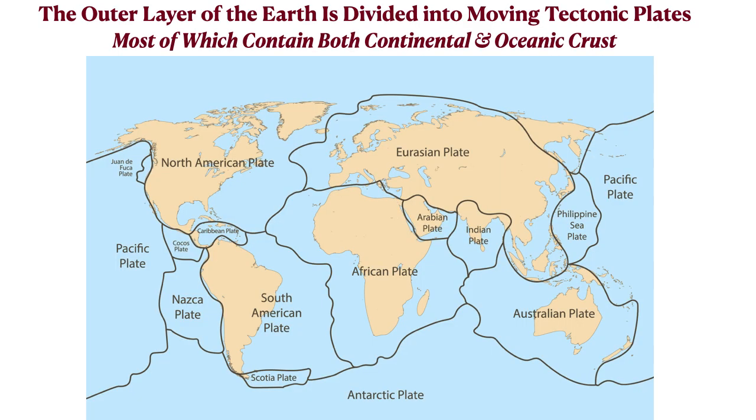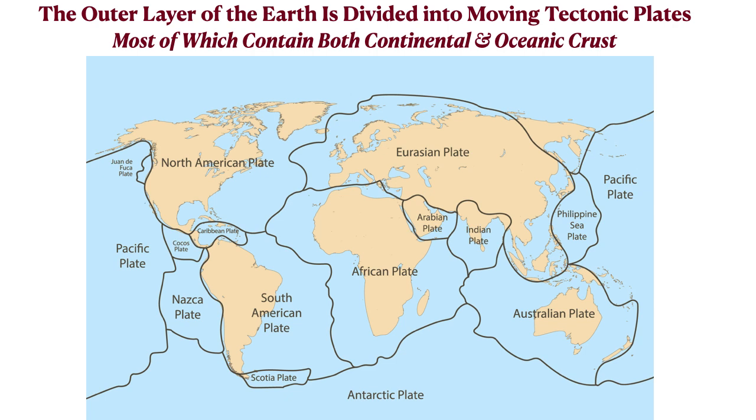Now, connected to these features is the fact that the outermost layer of the Earth is divided into these moving tectonic plates. They move due to the creation of new oceanic crust along mid-ocean ridges, and then subduction of oceanic crust underneath continental plates. Note that almost all of these plates are composed both of oceanic and continental crust.